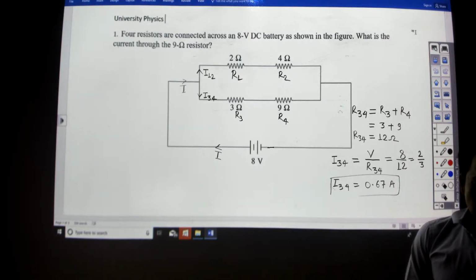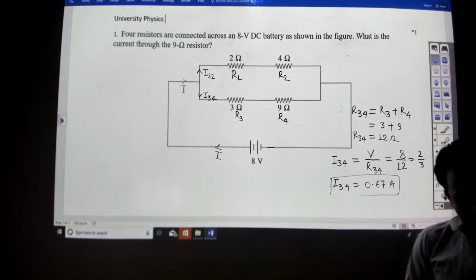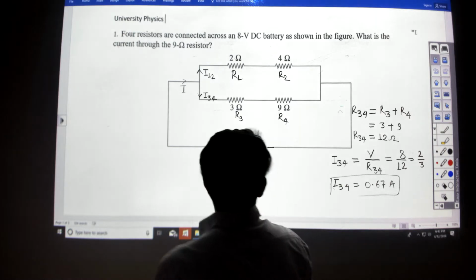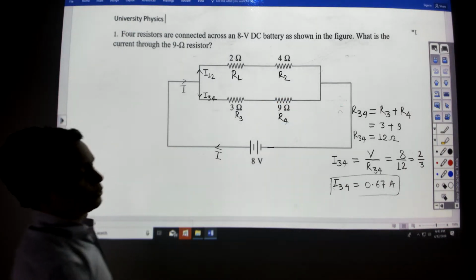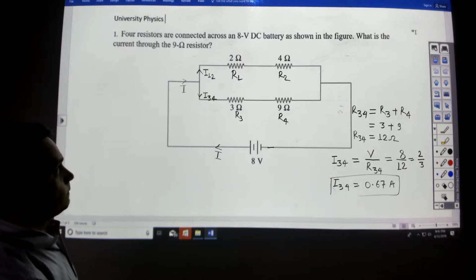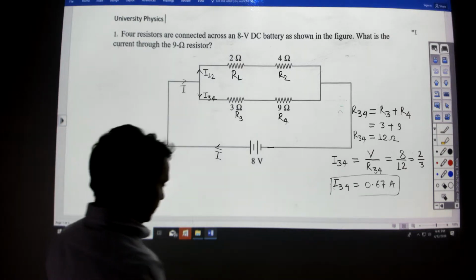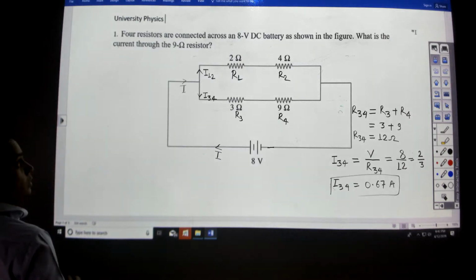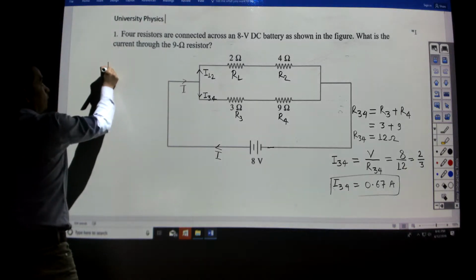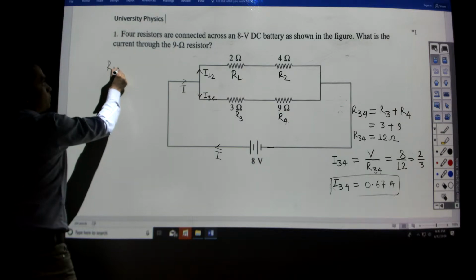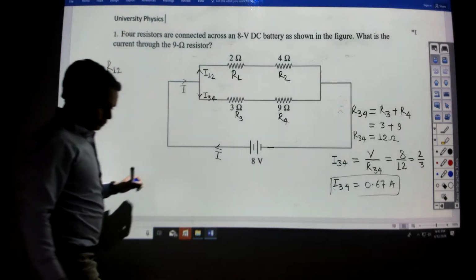Alright? Now let's dig more. If I ask you what is the current through R2, how do you find it? In order to do that, we have to find R12. When I say 1,2, what does this mean?